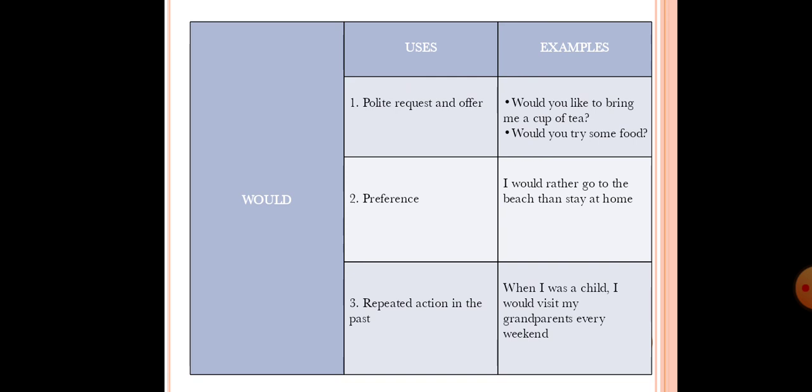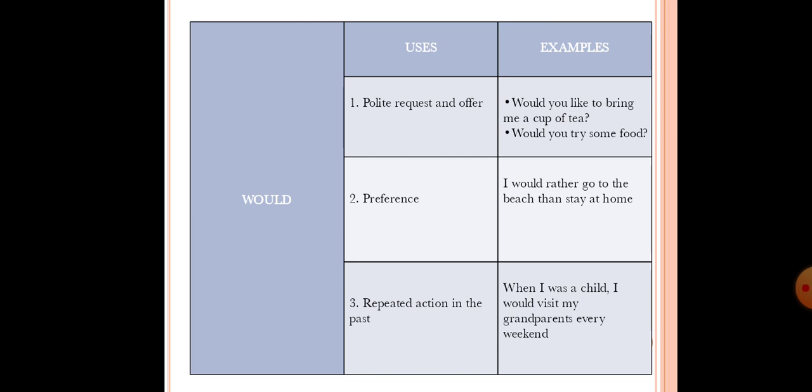Would uses polite request and offer. Example, would you like to bring me a cup of tea? Would you like to buy me some food? Would you try some food? Polite request and offer. You can use would. Preference. I would rather go to the beach than stay at home. Preference, perbandingan.